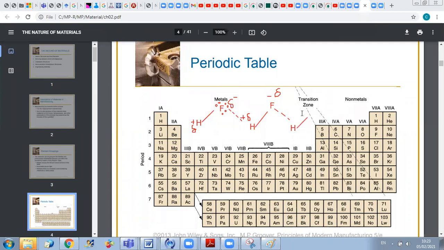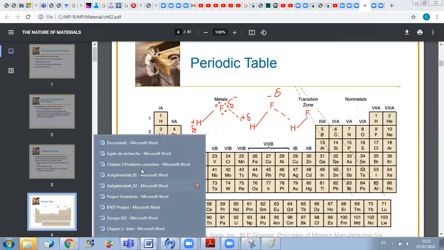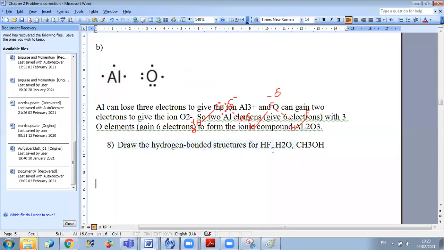Okay, now the other molecule we will study, the second molecule, is H2O. Okay, for H2O, what will happen here? We know that oxygen is of group 6, and H needs 1 electron to close its set of 2.